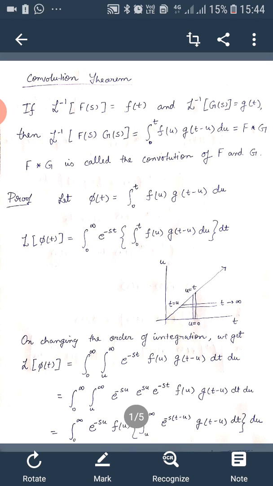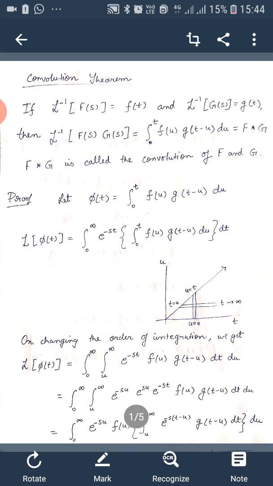So we want to use the change of order of integration. I have explained in this figure that the domain of integration for this double integral is the entire area lying between the lines u equal to 0 and u equal to t. On changing the order of integration, we obtain this expression.